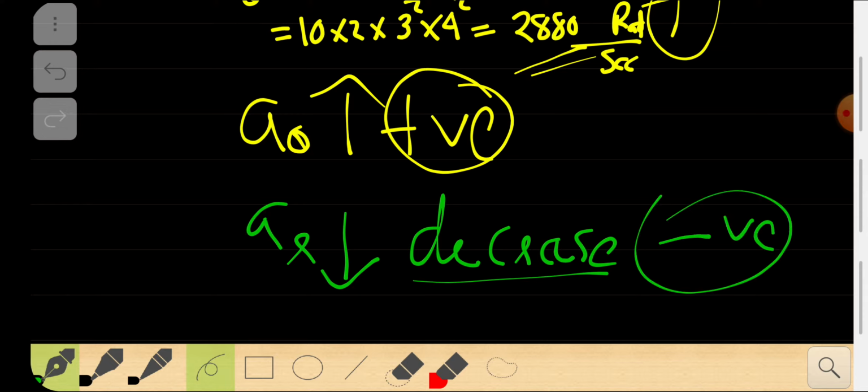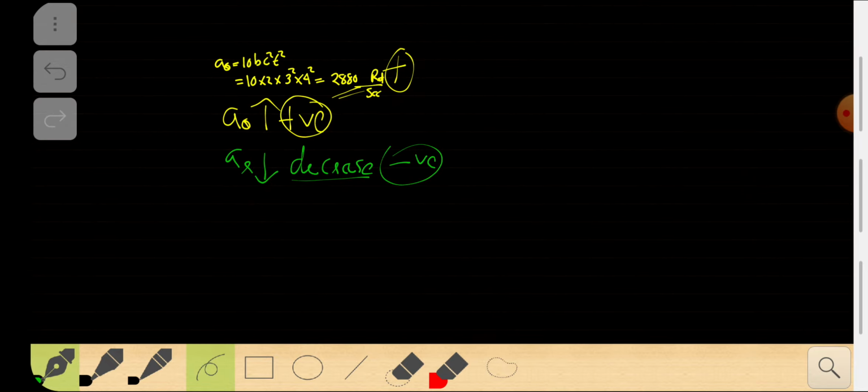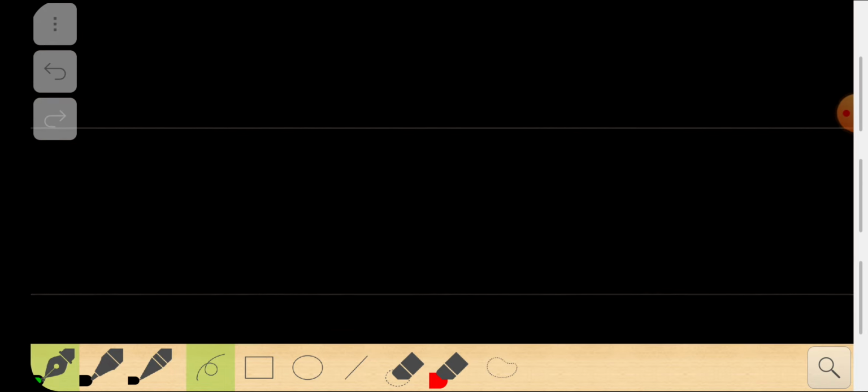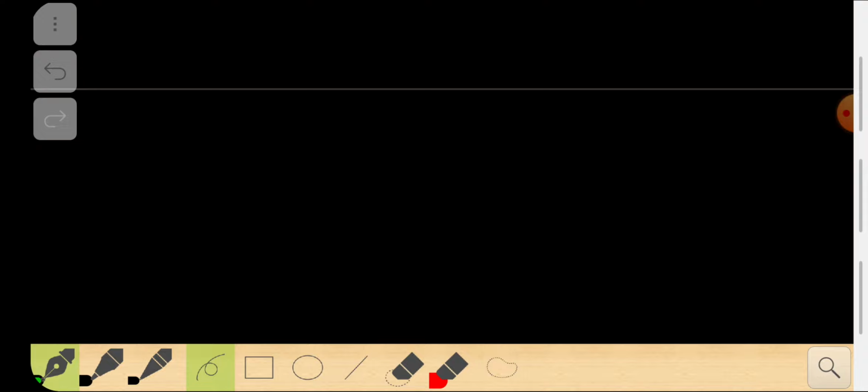So we have done the problem. Now there comes a point where we need to find out the trajectory. Our problem is physics, so physically, what does this mean?